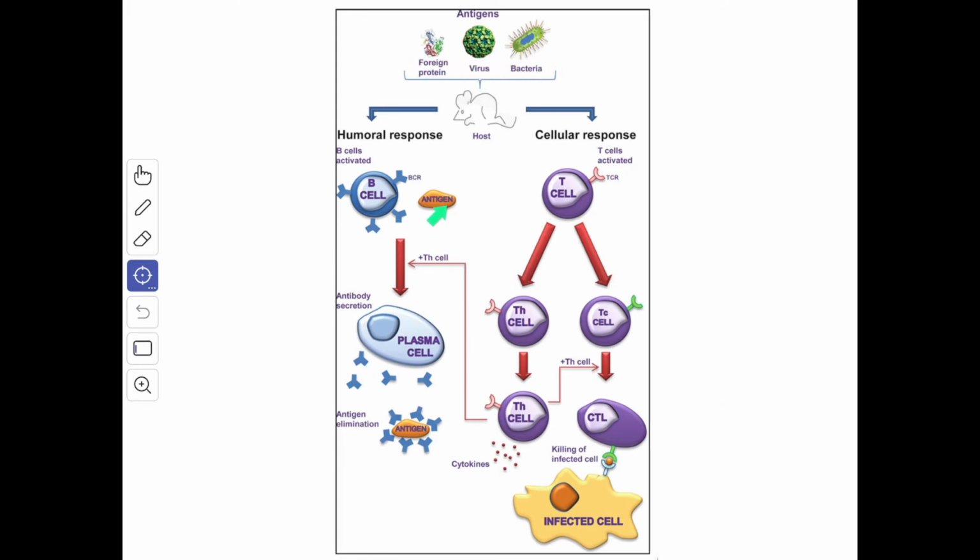The antigen which is recognized by the B lymphocyte, they enlarge to form the plasma cells and they secrete the antibody. The antibodies are also called immunoglobulins. The immunoglobulins are 5 main types, namely IgG, IgM, IgA, IgE and IgD.